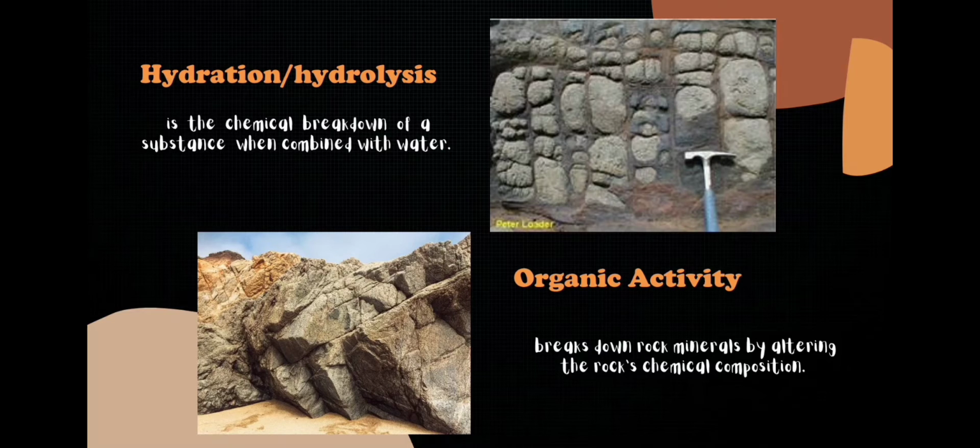In particular, sodium minerals react with water in certain rocks to produce a saltwater solution. So the last example of chemical weathering is organic activity. Organic activity is the breakdown of rock minerals by altering the rock's chemical composition.